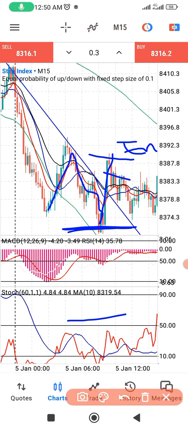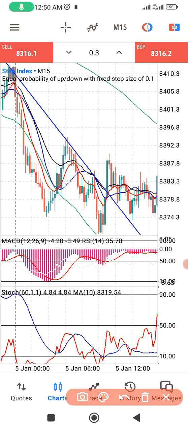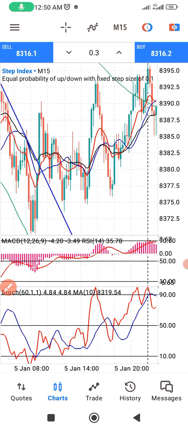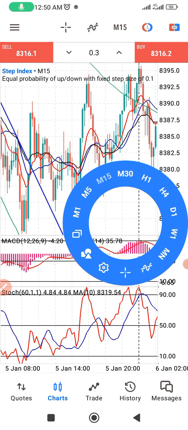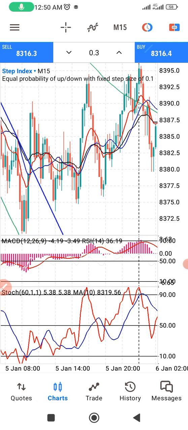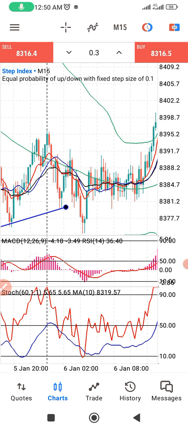Once you have done that, you wait for the market to do its thing. You see now that the market has been moving to the upside, then you put another trend line as your guide. Can you see that?